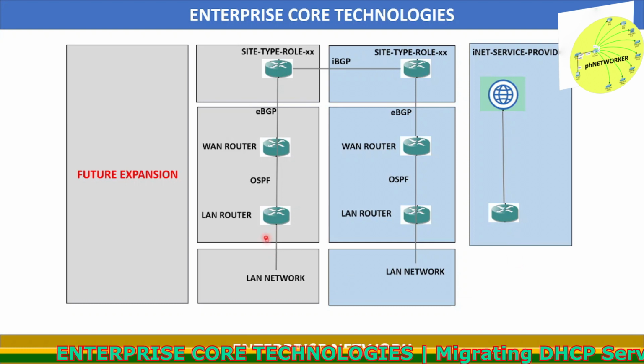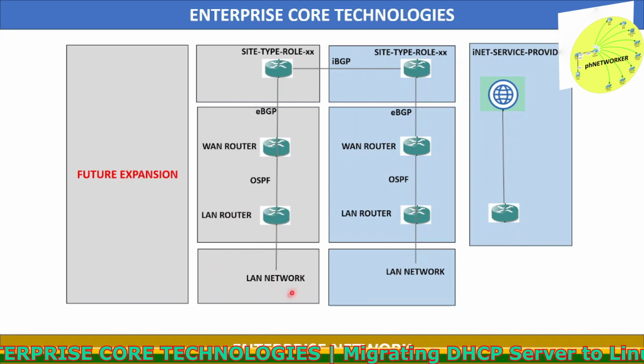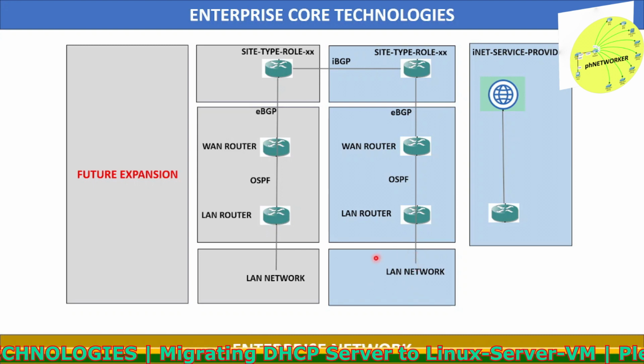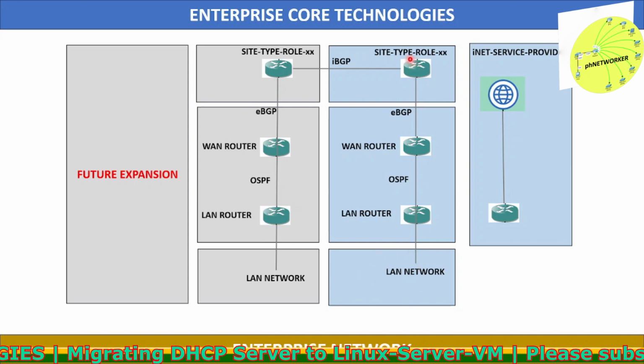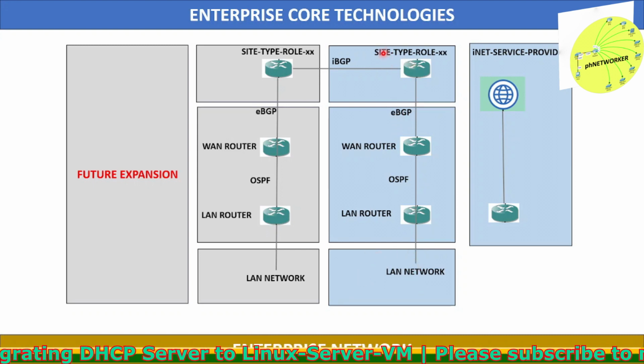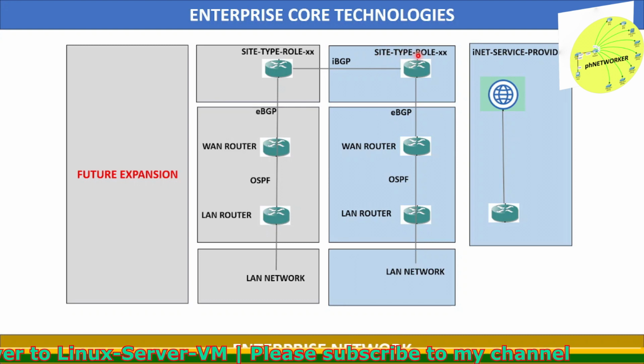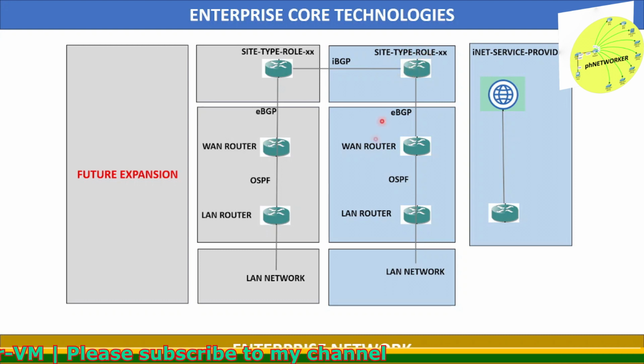Alright, so on the LAN router, this is now our users. This will be a site, and then the type is data, and then the role is core. So this is our data. On this site, we can see all the servers.